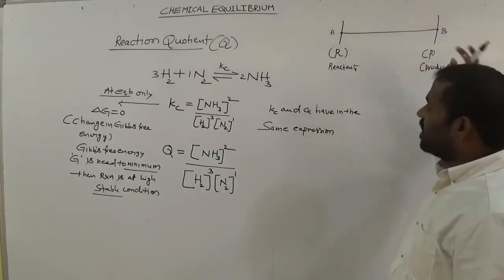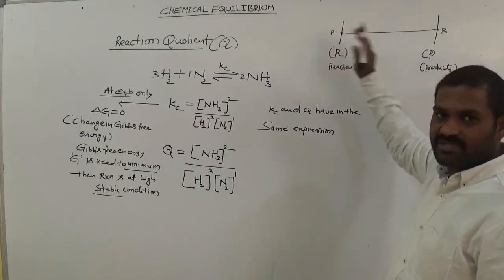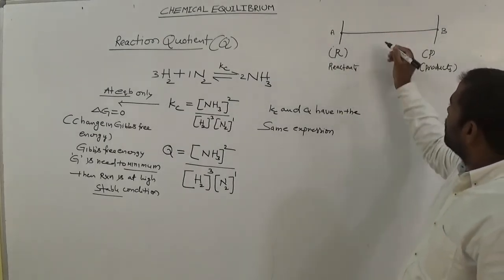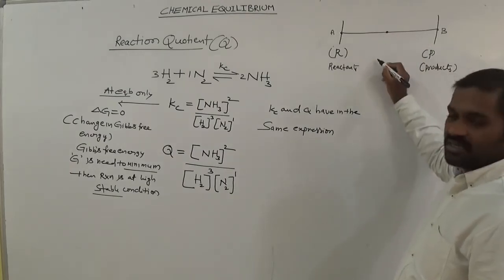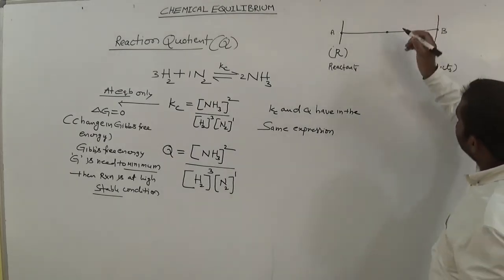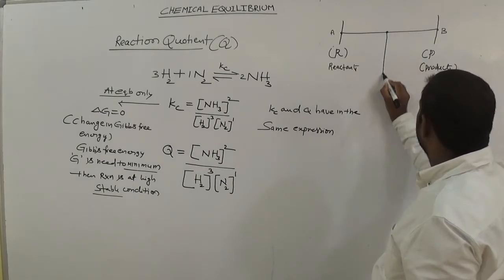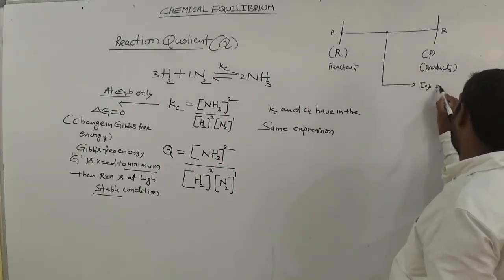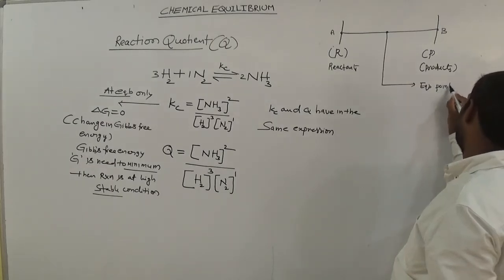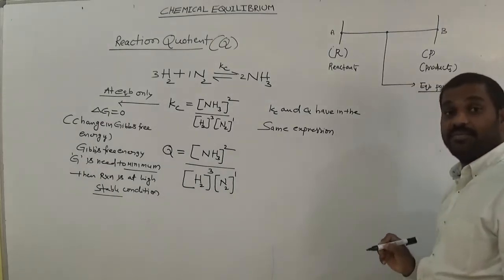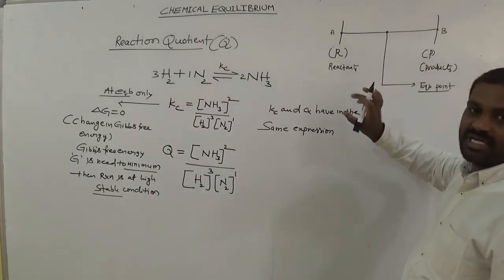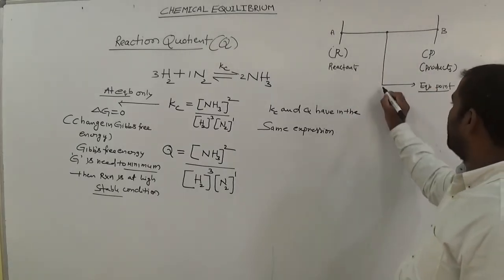Now this is a reversible reaction. Reversible means forward and backward reactions take place. Now this is the point named the equilibrium point, or equilibrium position. At the equilibrium point, what are the conditions? You know very well.